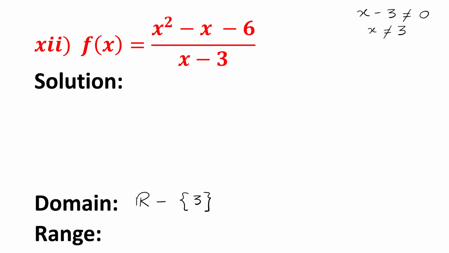For the range, we solve this given function by factorizing the numerator. Here we use mid-term breaking. X squared minus 3x plus 2x minus 6, whole divided by x minus 3.